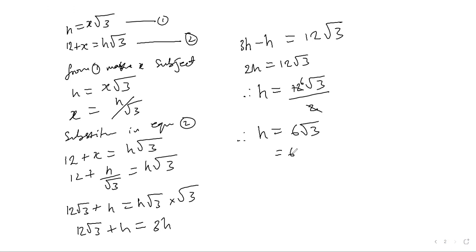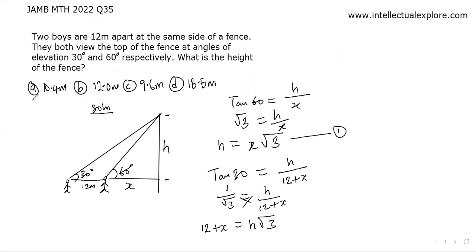If you do 6 times root 3, that will give you 10.39, which is approximately 10.4 meters. And we have 10.4 meters here.